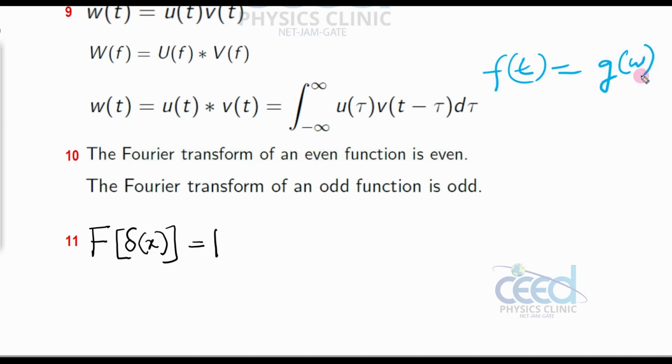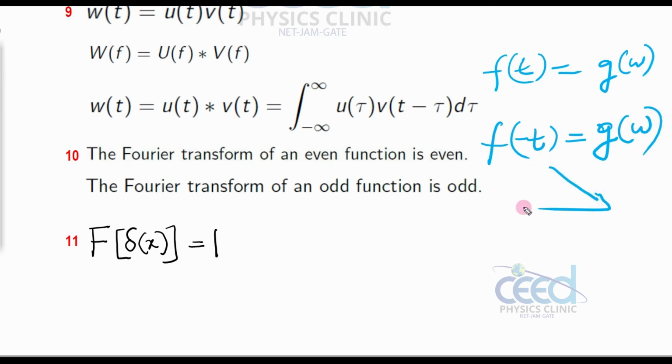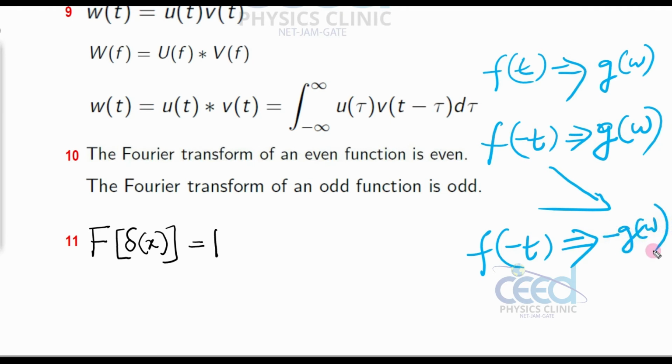Now if the Fourier transform of f of minus t is equal to g omega, then we can call it even. Now if you take f of minus t and you get the Fourier transform as minus g omega, then we call it odd. So the Fourier transform of an even function is even, and the Fourier transform of an odd function is odd. This will satisfy this condition.